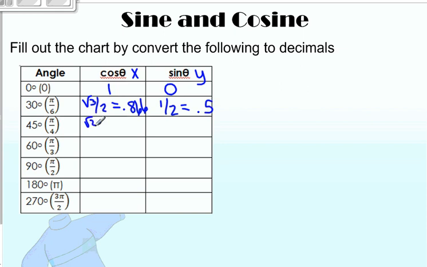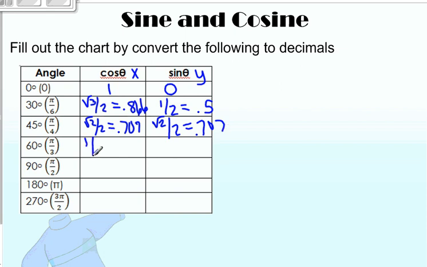Pi over 4 is the square root of 2 over 2, and in decimal form, that is 0.707, and that's going to be the same for the y, since the x and the y at pi over 4 are the same.